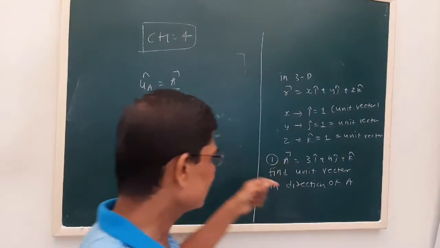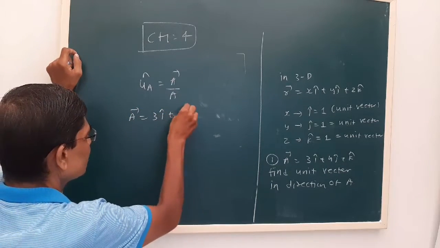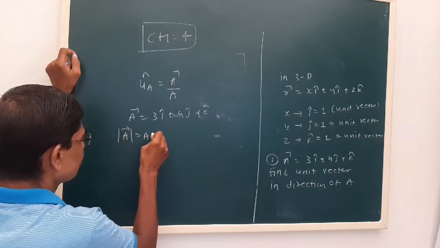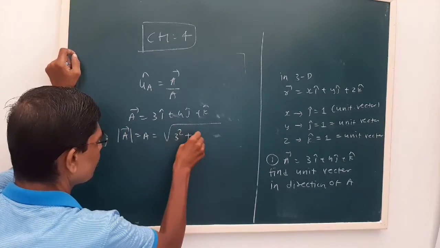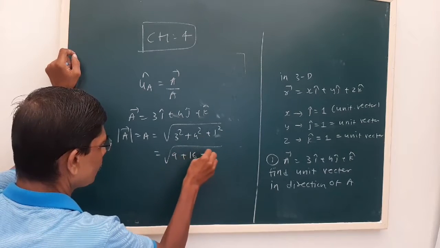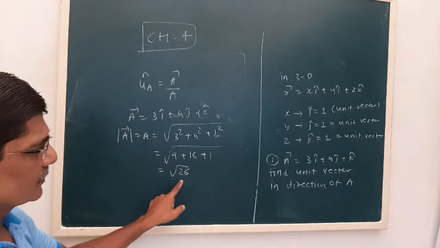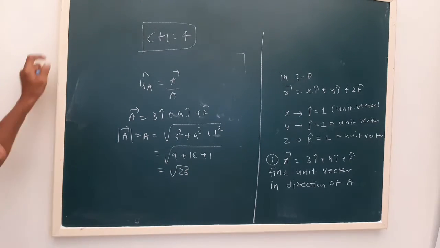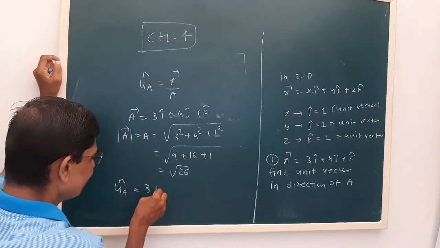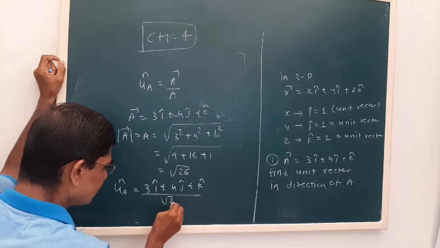Now here A is 3i plus 4j plus k. See the magnitude of vector A. Now we get the unit vector UA, which will be the vector divided by the magnitude.